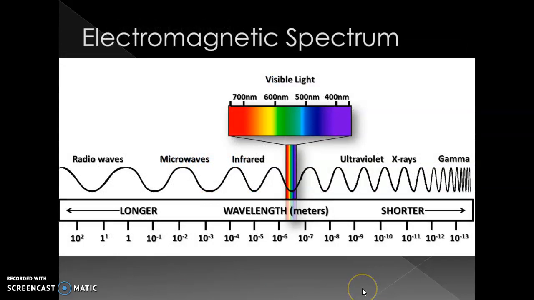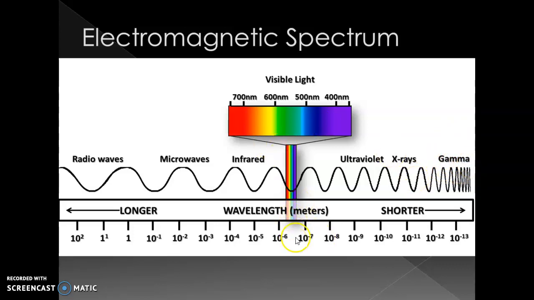When you look at the electromagnetic spectrum, which is things that travel as waves through space, you notice that it is based upon wavelengths. Longer wavelengths are items like radio waves and microwaves. Shorter wavelengths are things like gamma rays, which we learned about, released during nuclear fusion or fission.